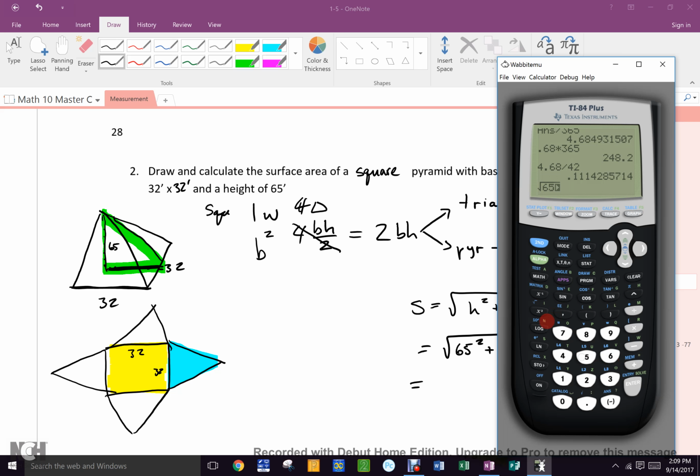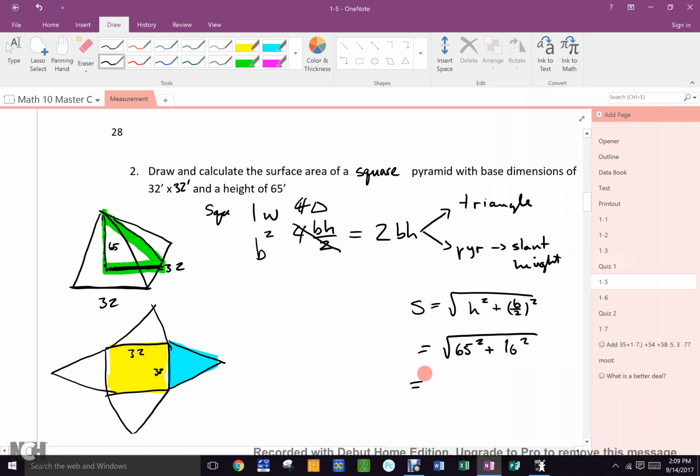Square root of 65 squared plus 16 squared is 66.94. What would I be comfortable with you rounding that to? 67 is fine with me. So now I know my S, which is what I need to be the H in my triangle.